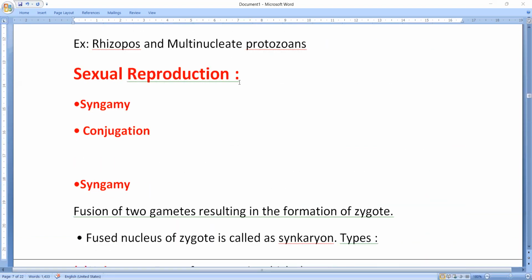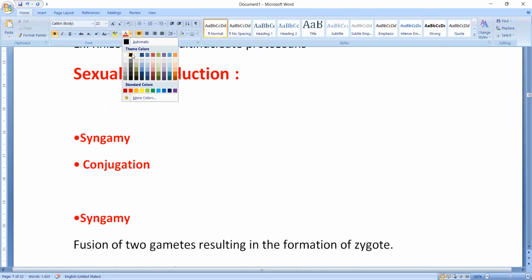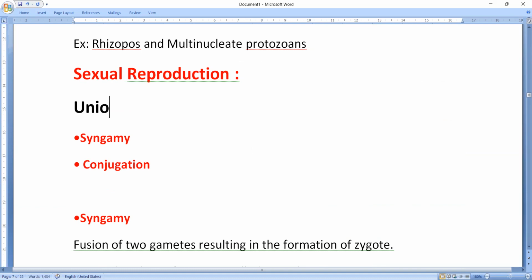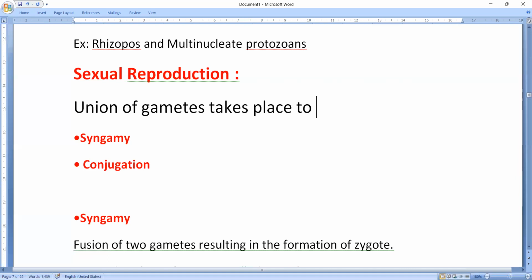So sexual reproduction is the kind of reproduction in which the union of gametes takes place, okay, to form a zygote.